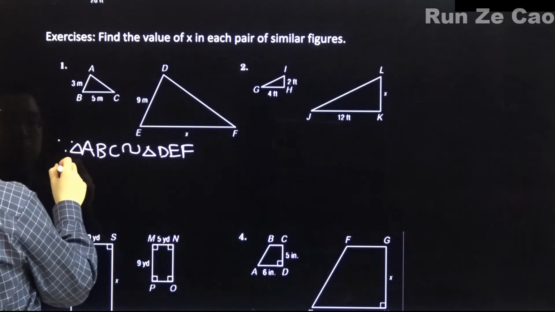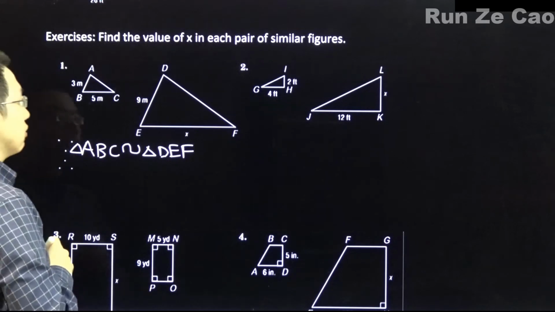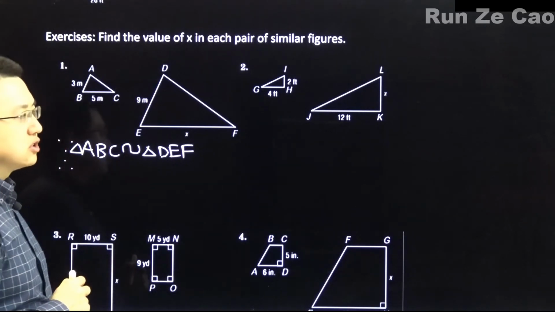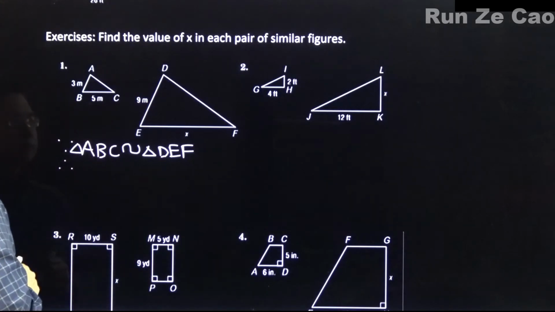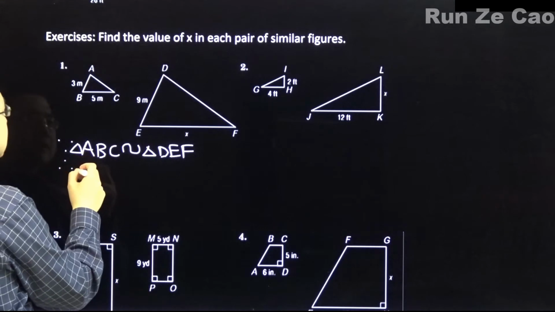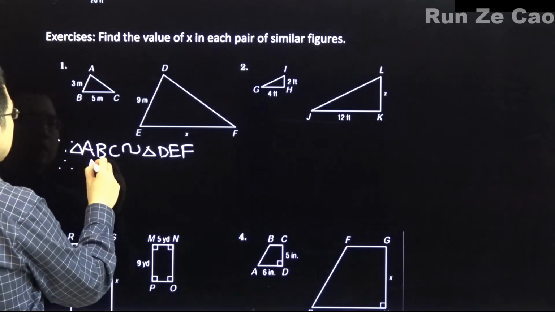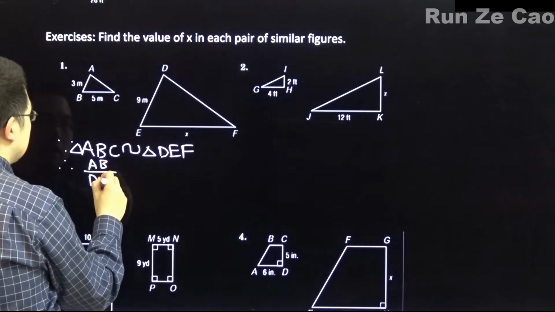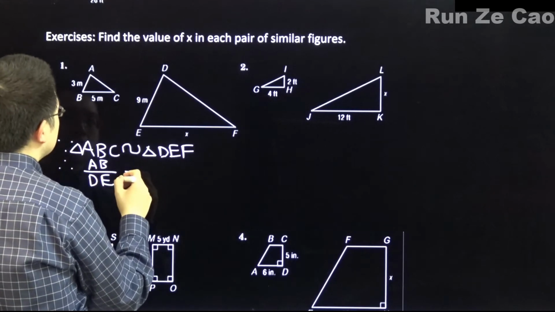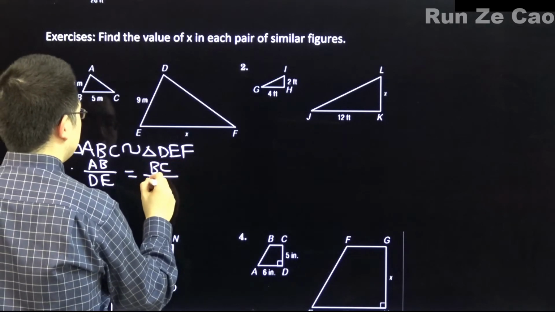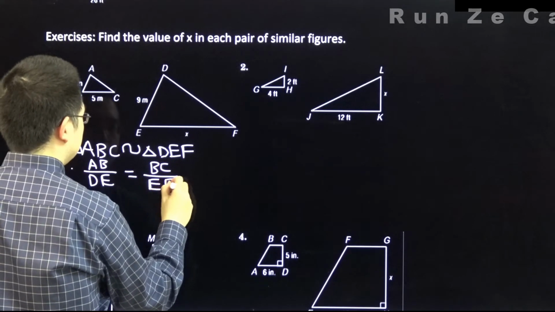So make sure you know how your area writes it. It's one of those funny things where conventions may vary. Okay, so that means that AB over DE is equal to BC over EF.